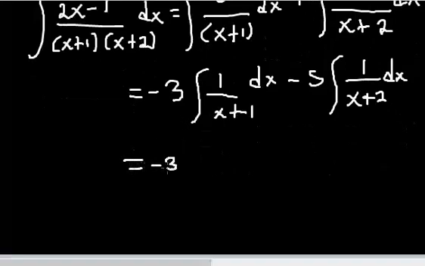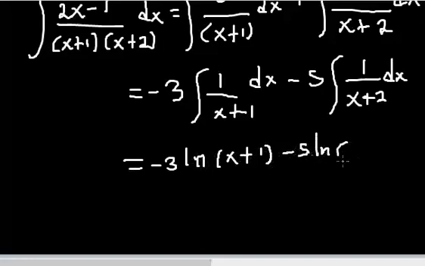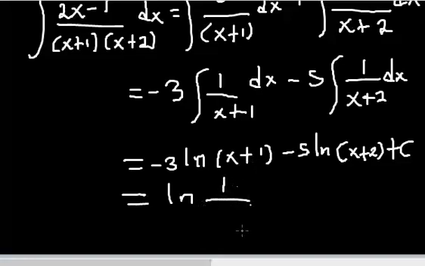This is going to be minus 3 ln x plus 1, then minus 5 ln x plus 2, then plus my c. And of course you know this by law of logarithm.